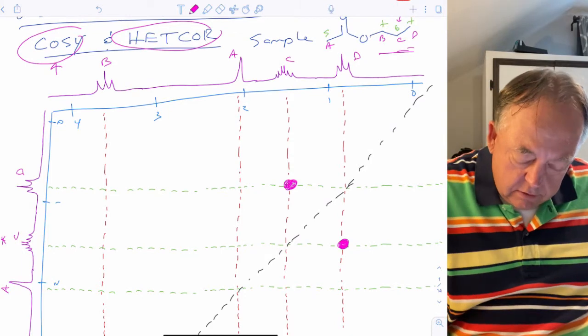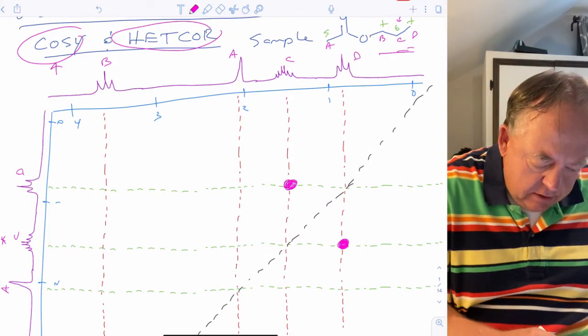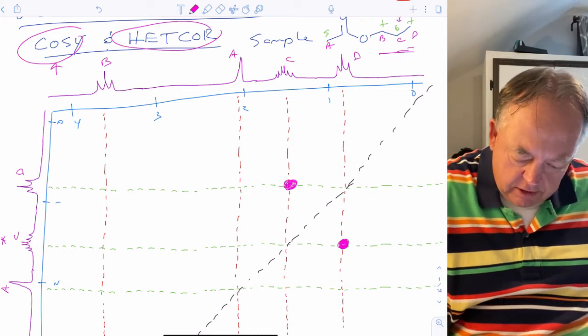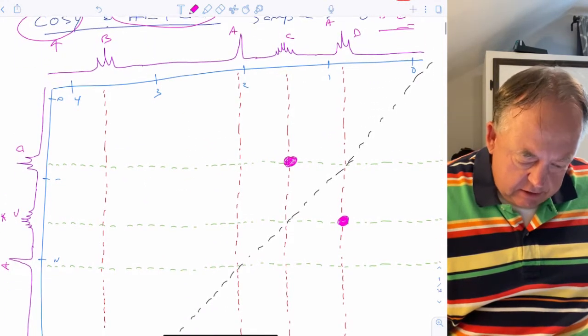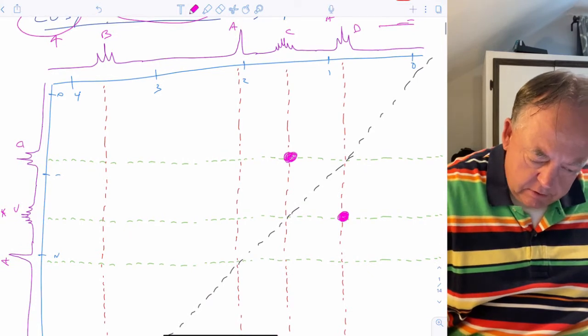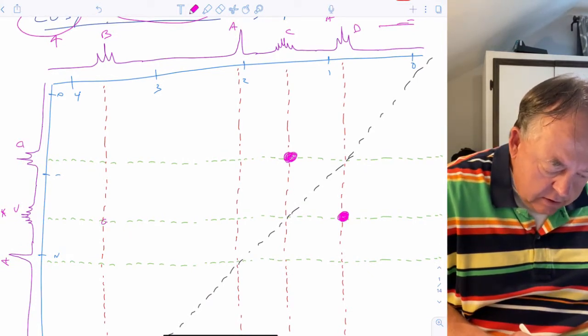So what else? Okay, so D is coupled to C, we got that, and C is coupled to D, we got that. And then C is coupled to B, so that means there's going to be a signal here as well, right?